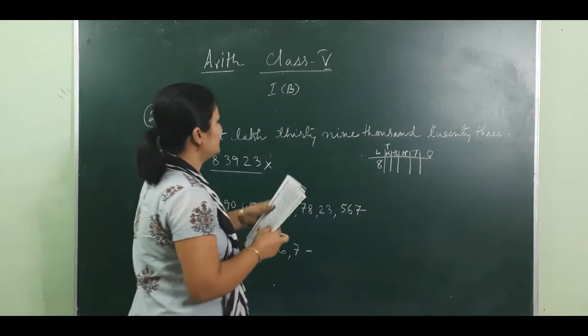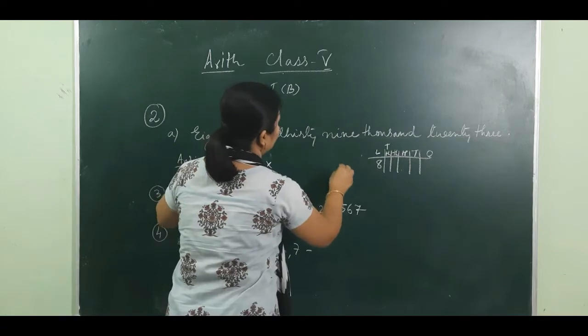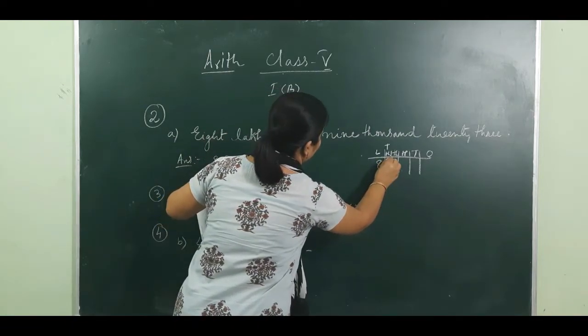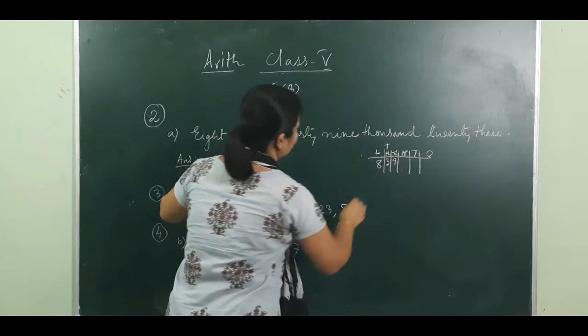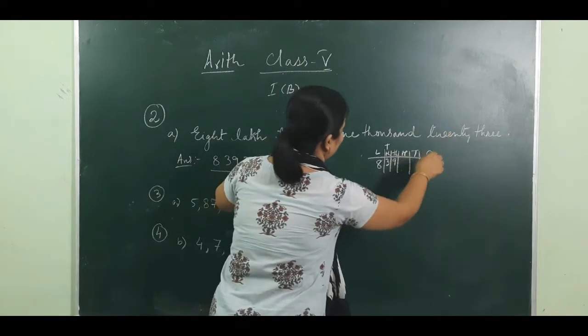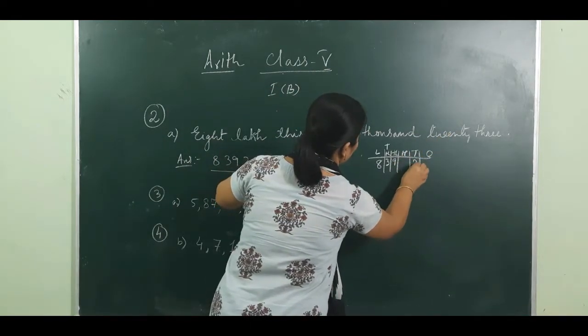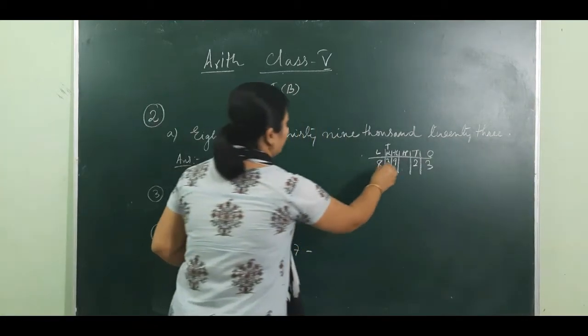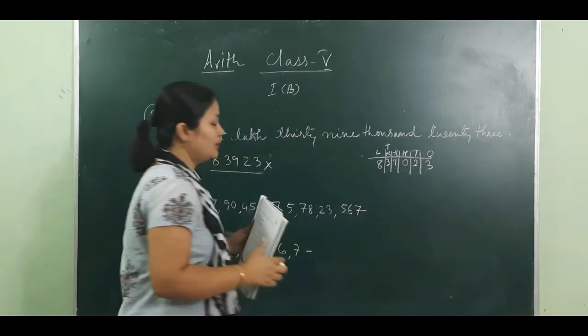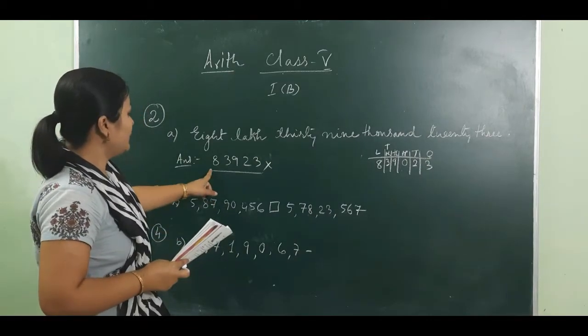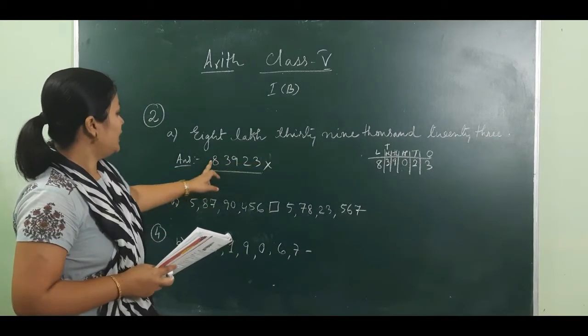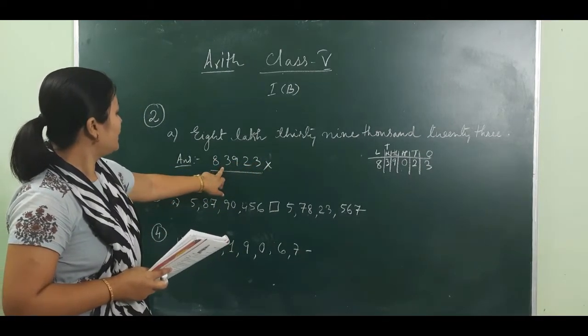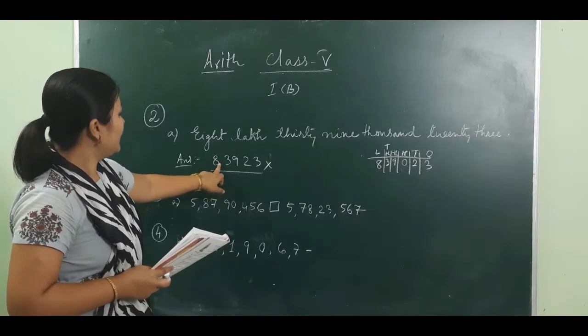So 30 means 30, isn't it? 39, 3 and 9. So 3 will be in the tens place, 9 will be in the thousands place. Then 23, 20 is tens place 2 and 3 will be here. Okay. In the remaining places where there is no number we have to put 0. So you compare this one and that one. See, here if you count like this now, we will get 83,923.